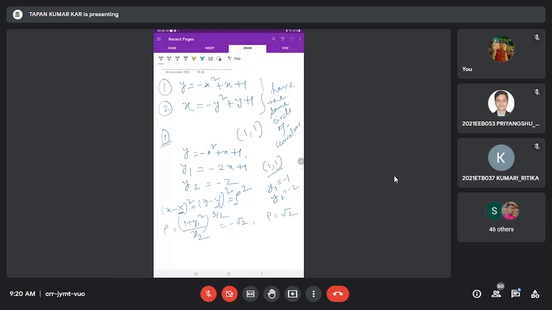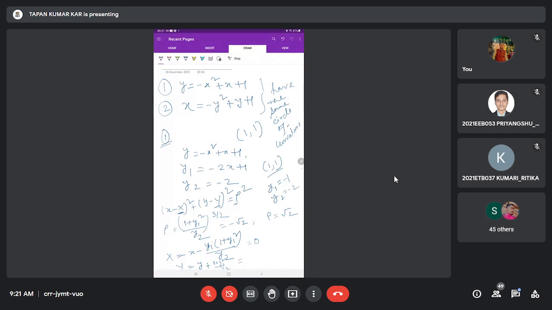And the center of curvature formula is X equal to x minus y1 into (1 plus y1 square) by y2, and Y equal to y plus (1 plus y1 square) by y2.